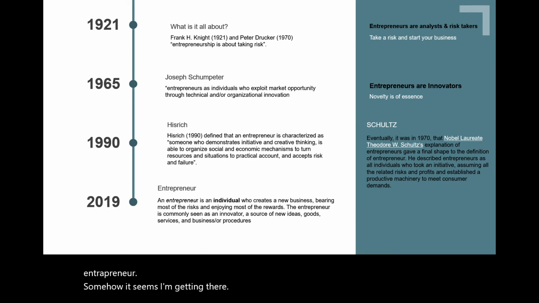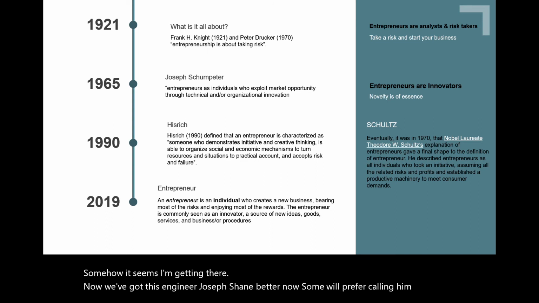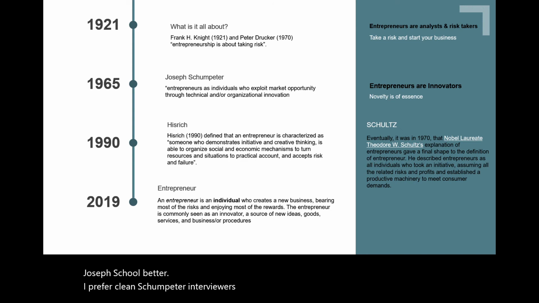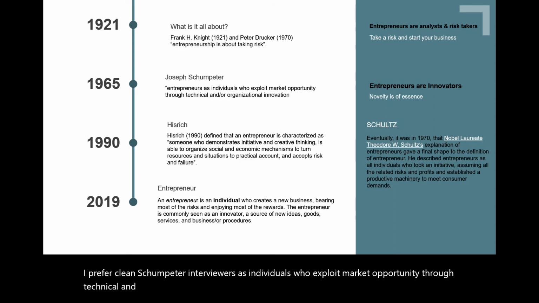Now we've got Joseph Schumpeter. Some will prefer calling him Joseph Schumpeter, I prefer calling him Schumpeter. He describes entrepreneurs as individuals who exploit market opportunity through technical and or organizational innovation. One thing Schumpeter is clear about is novelty.